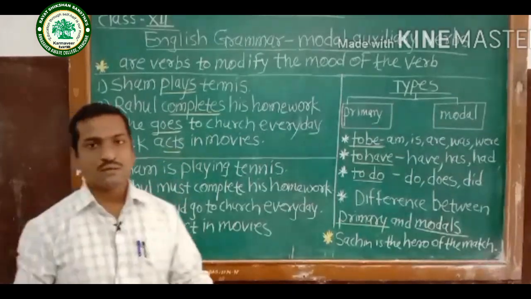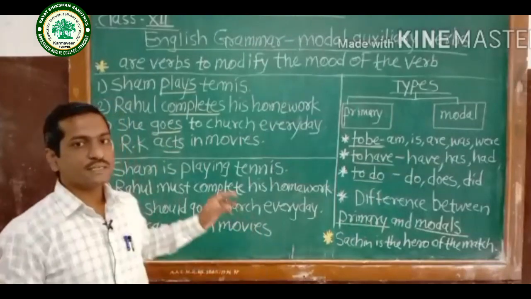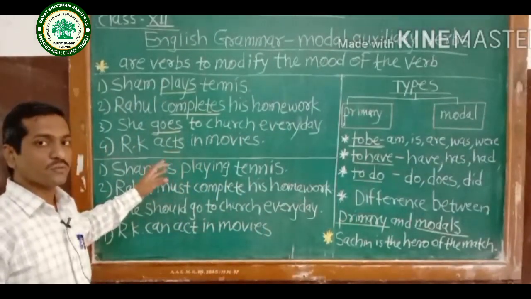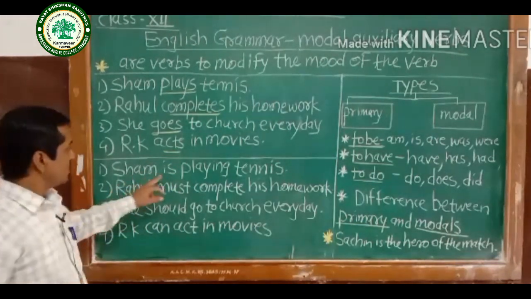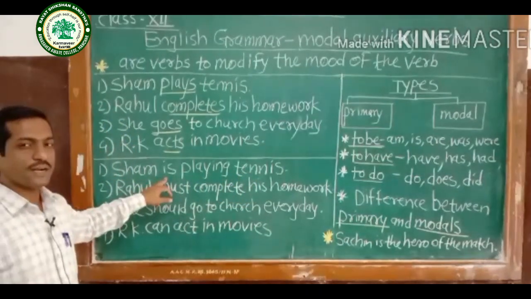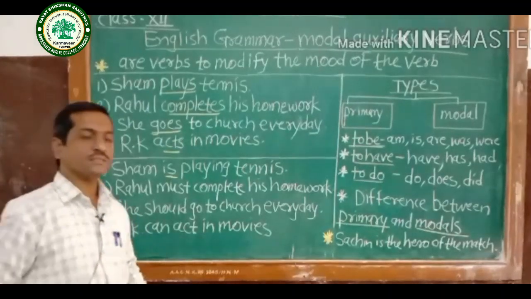These sentences can be rewritten with the use of modal auxiliaries. For example, Sham is playing tennis. In this sentence, is is the helping verb.